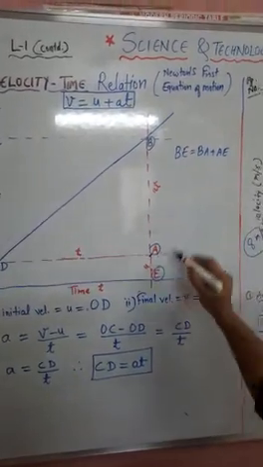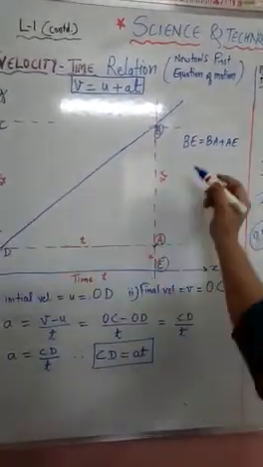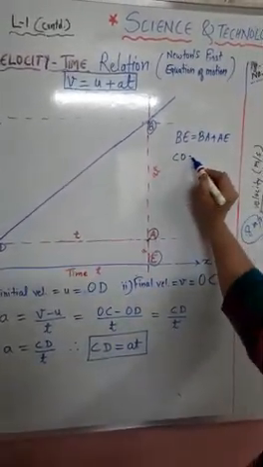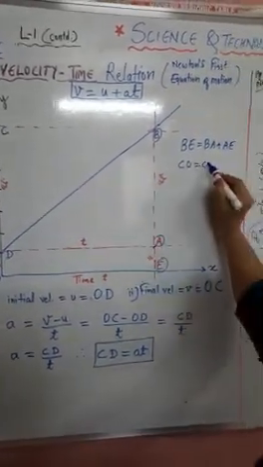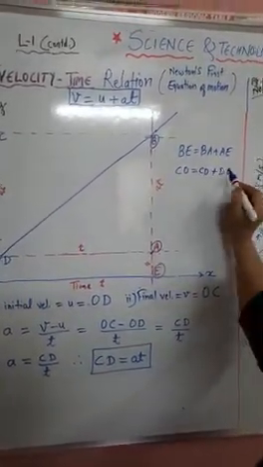Similarly, CO is also equal to CD plus DO.